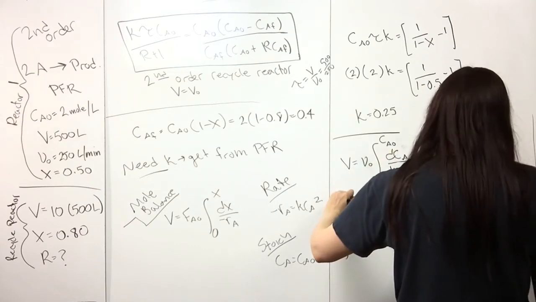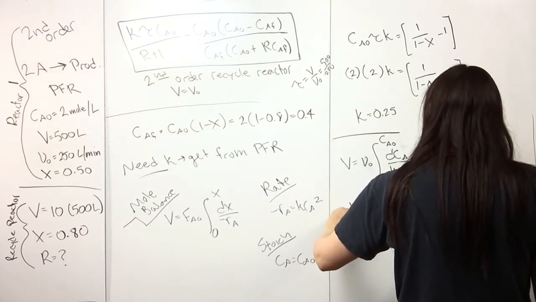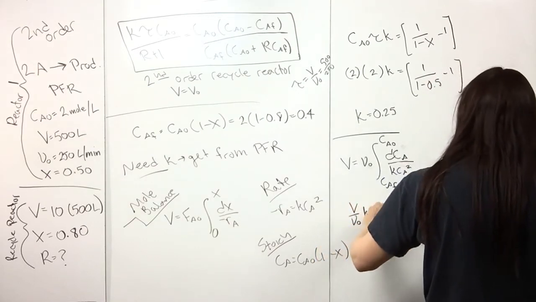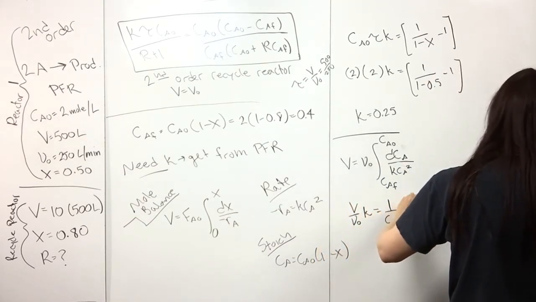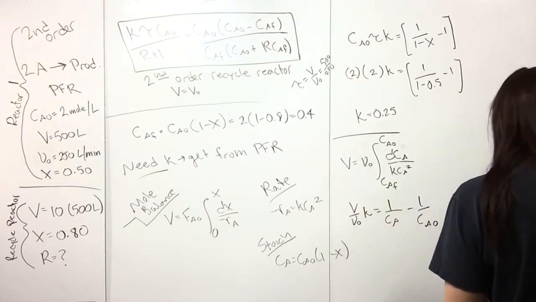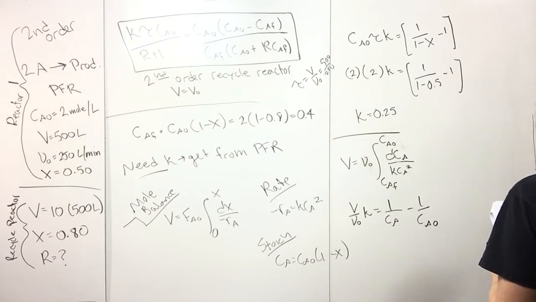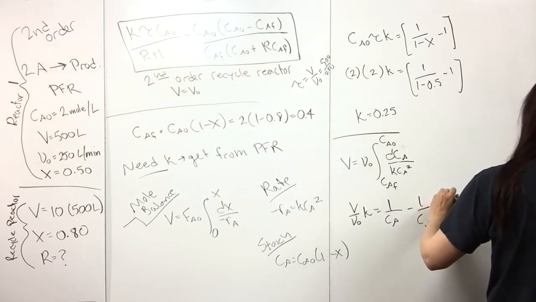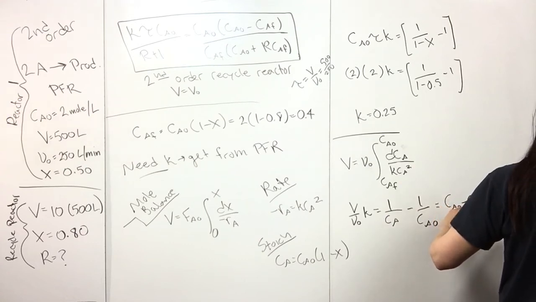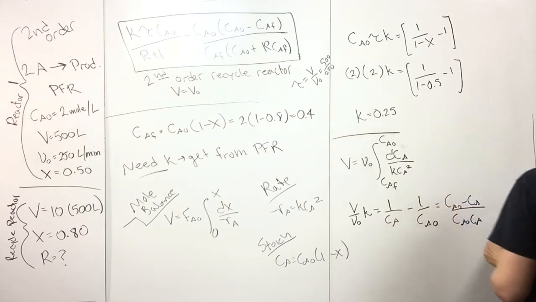So then if you integrate this, you end up with V over V naught multiplied by k is equal to 1 over CA minus 1 over CA naught. So this is equal to (CA naught minus CA) over (CA naught CA).